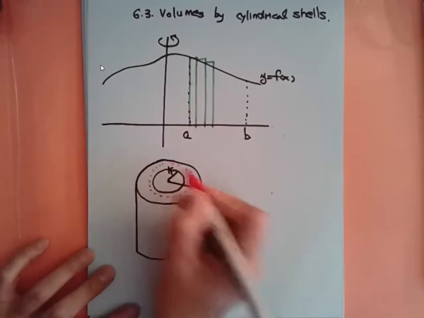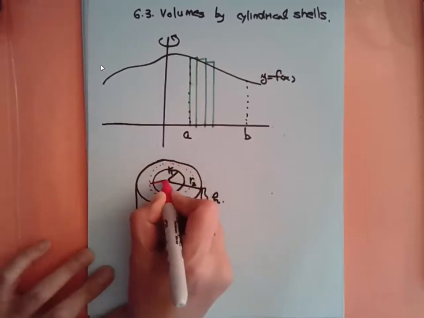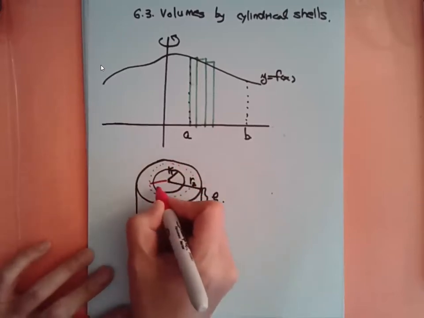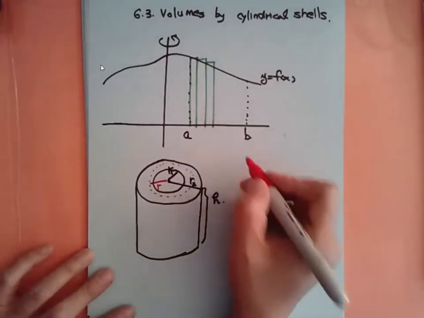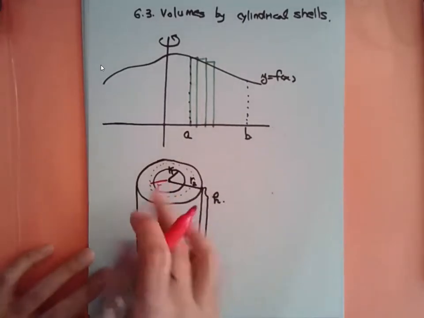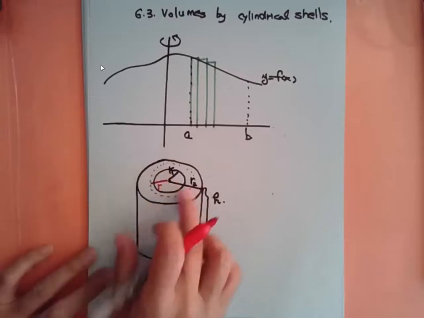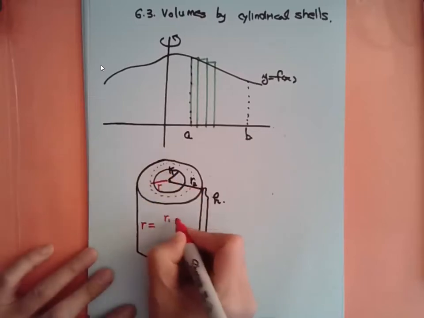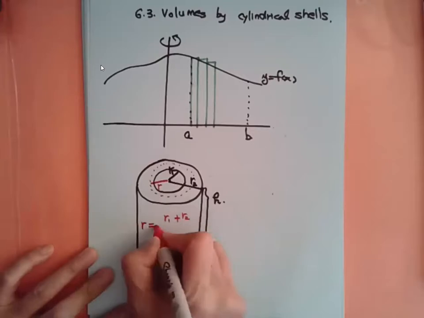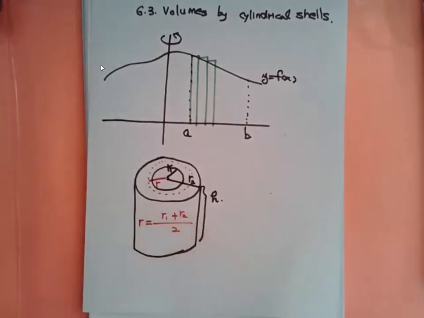Here is the circle in the middle. Let's say that is r. Then that will average the smaller r and larger r. So r equals (r1 plus r2) over 2. Average.